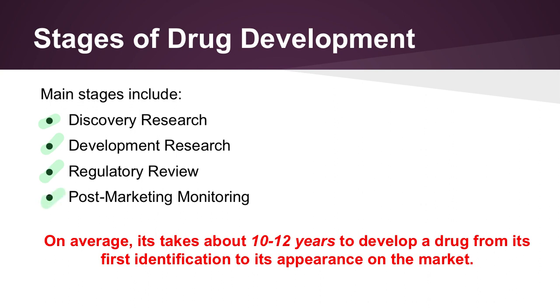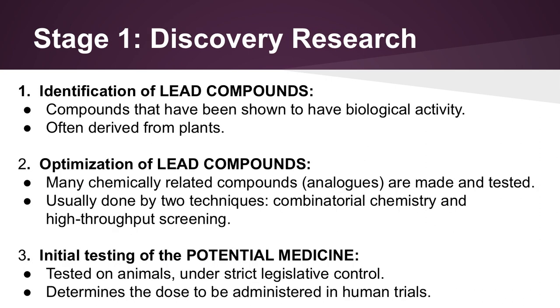What is really shocking is that on average, it takes 10 to 12 years to develop a drug, from its first identification to when it appears on the market and is available for patients to use. So we're just going to take a look at each of these stages in a little bit more detail.